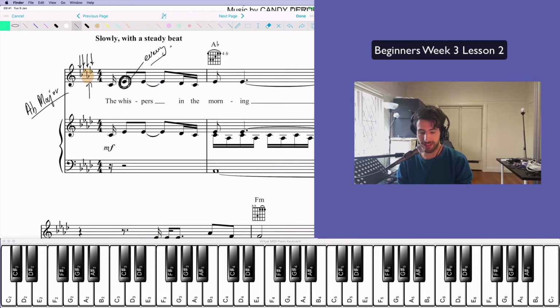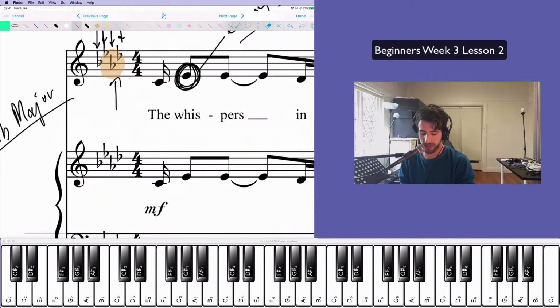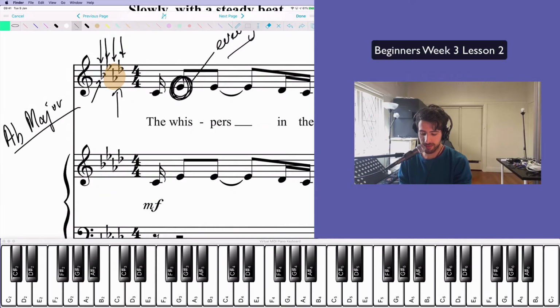So that's actually an E flat. Okay? Because the key signature has a B flat, an E flat, an A flat, and a D flat. So that modifies every note on the stave. Do you have any questions on that?